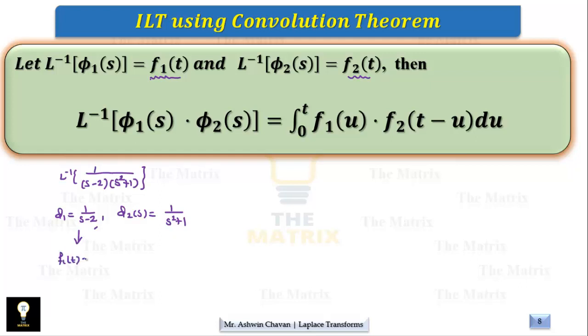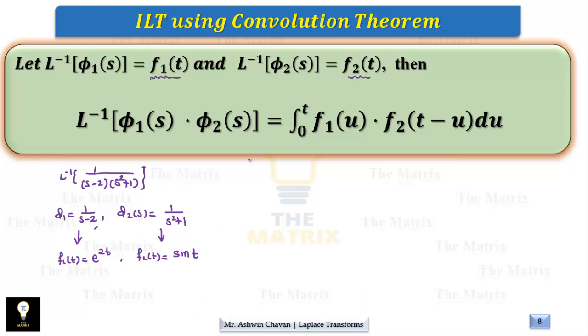Call it f1 of t as e raised to 2t. We know 1 upon s minus a is e raised to at after inverse Laplace. Similarly, phi 2 of s gives us f2 of t, that is inverse Laplace of 1 upon s square plus 1, and that is nothing but sine of 1t because the value of a is 1 here.